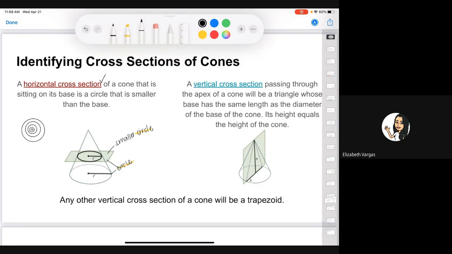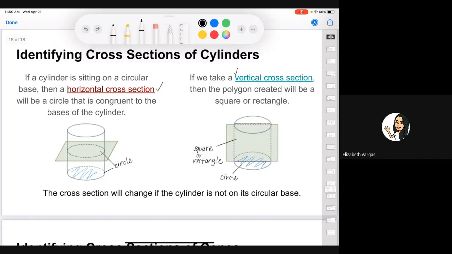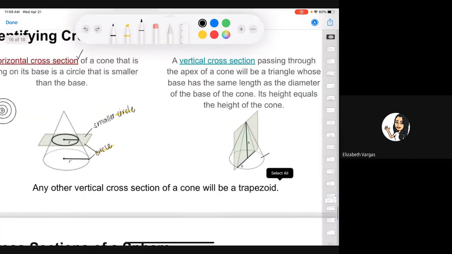Vertical cross sections, on the other hand, are not going to be dependent on what base we have. Here we have a base, which is a circle. If it is a vertical cross section, the vertical cross section passes through the apex of a cone.